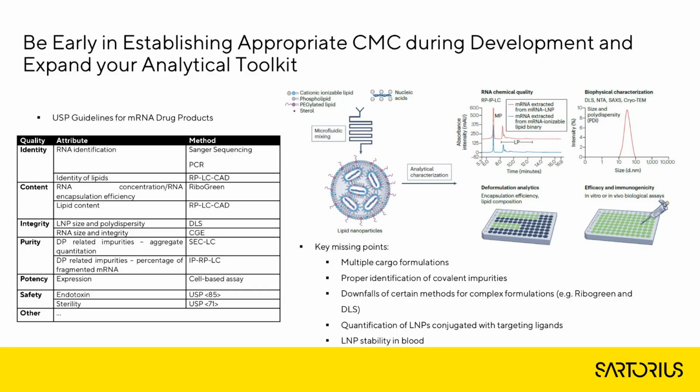Then we come to an even more complex system, which is also a very hot topic and in development: the conjugated LNPs. These are LNPs that have targeting ligands on the surface that work to actively target tissues in the body. First of all, we want to achieve the response created by introducing the nucleic acids.